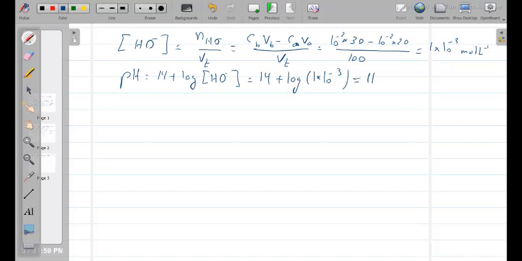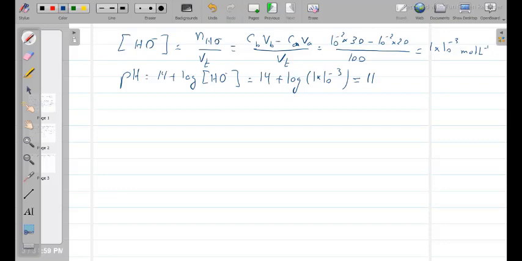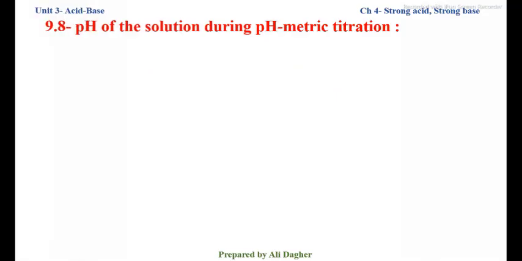Then after addition of 30 milliliter of distilled water, the pH of the solution equal 11. This is the end of application 13.